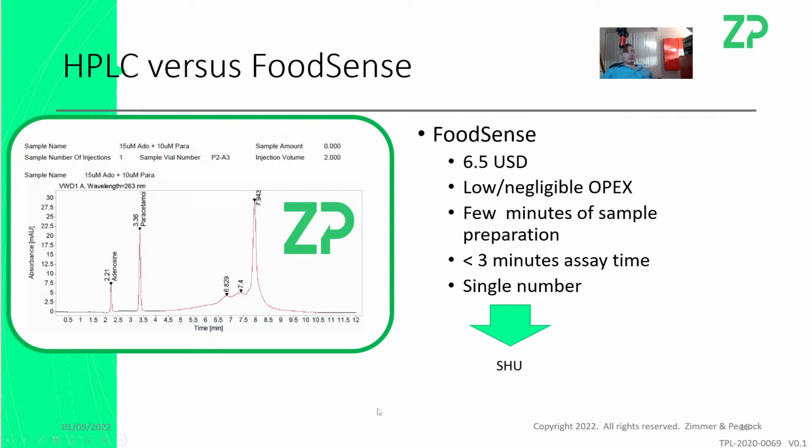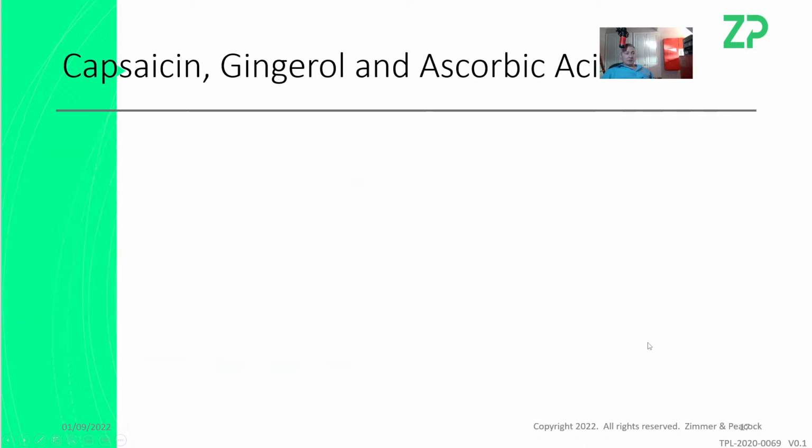On balance, FoodSense is a quality control system, so as long as the SHU is consistent, if everything's done the same in production, then the SH units should also be consistent. So it's meeting its original intention.